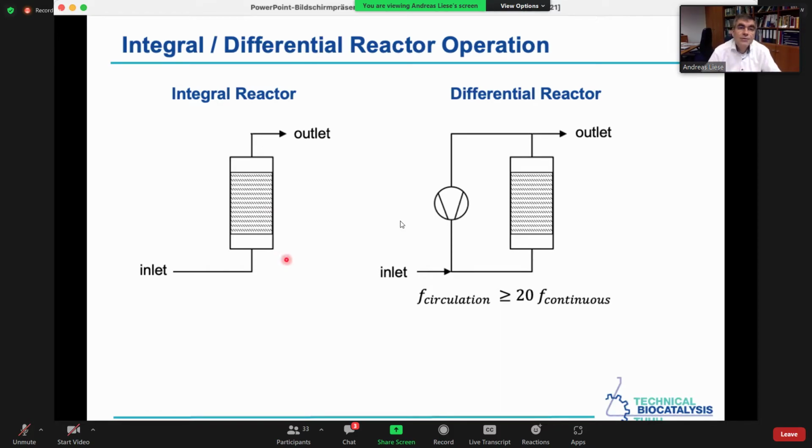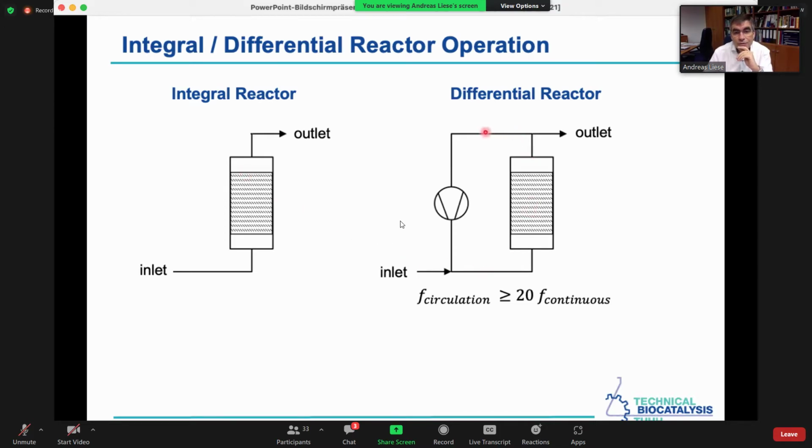So integral means it's accumulating the product from the inlet of this bed to the outlet of this packed bed. Integral, so integration, sum up of the product or consumed starting material.